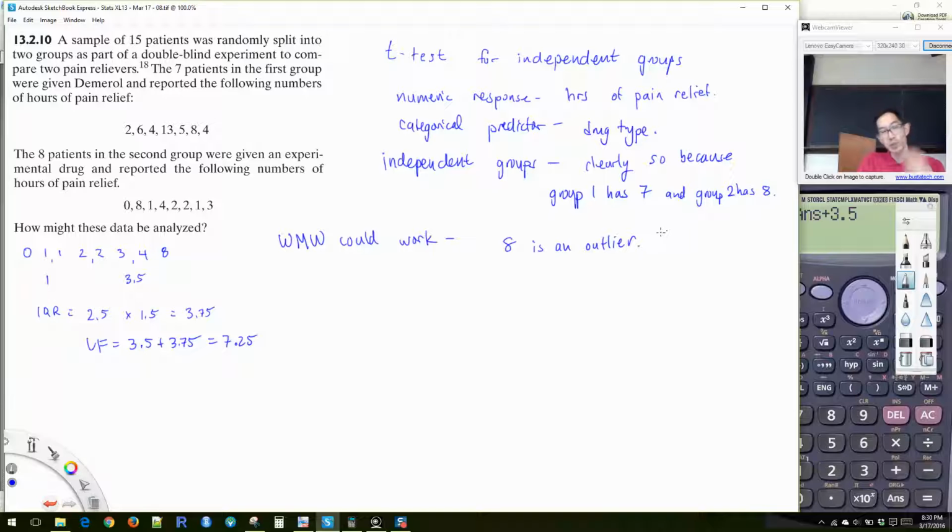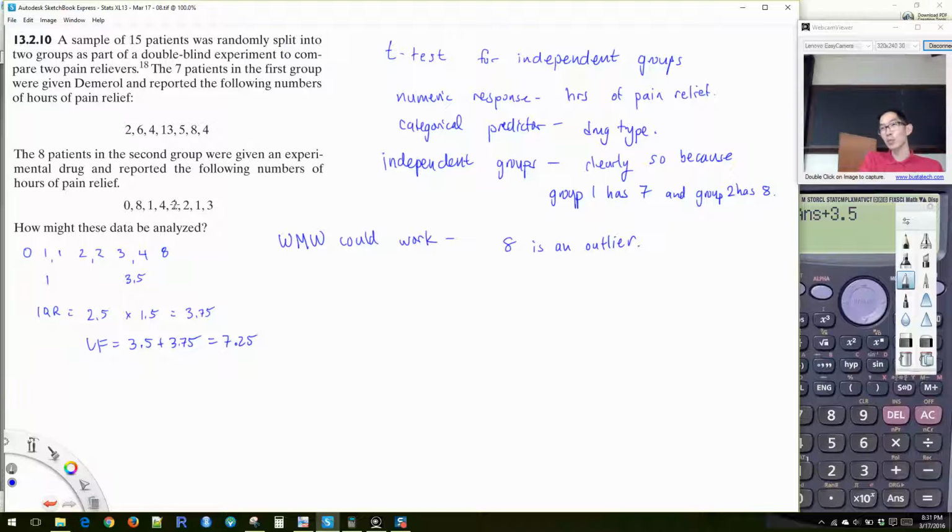So it's not wrong to use Wilcoxon Mann-Whitney. I guess someone could argue that the t-test for independent groups would not be appropriate to use either. 8 is an outlier. So the argument could be made that the sampling distribution of the mean of a sample of 8 patients is not normally distributed.